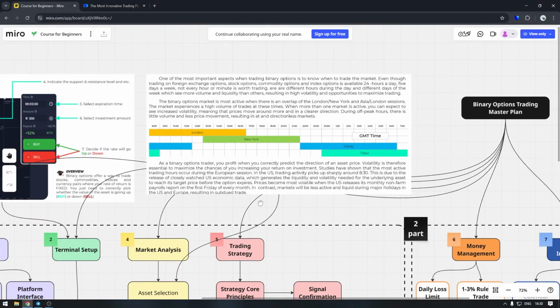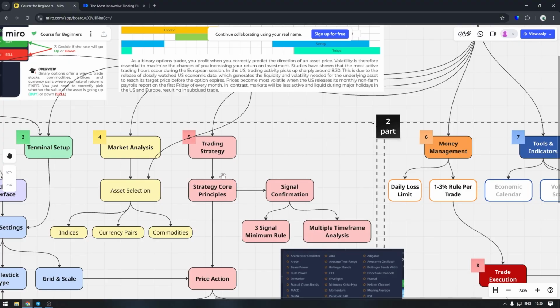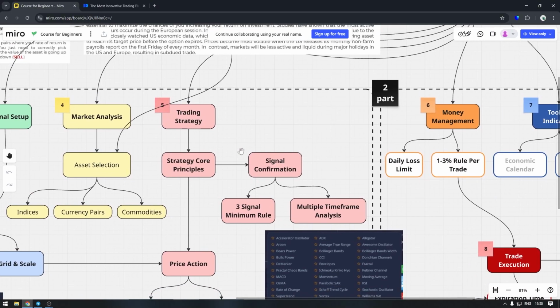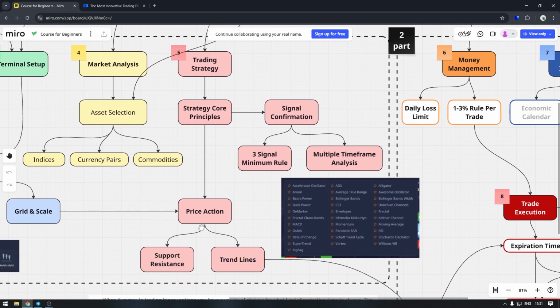So, now we move to trading strategy. A strategy isn't a collection of indicators, it's a logical decision-making system. Basic strategy components consist of, first of all, price action. Candlestick pattern analysis, pin bars, morning and evening stars, for example.